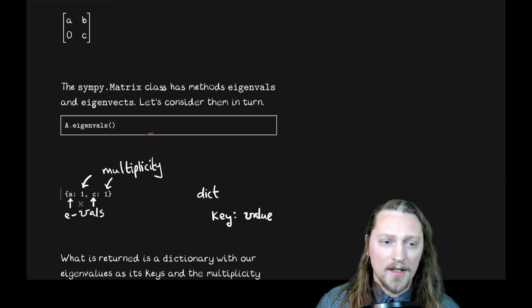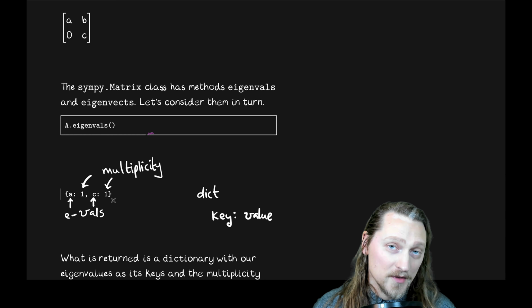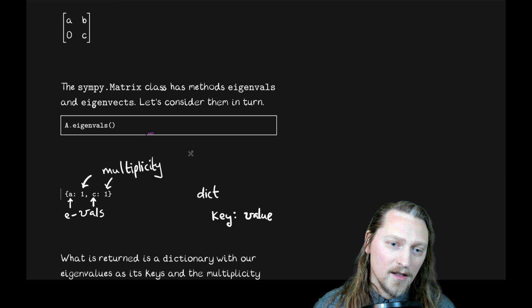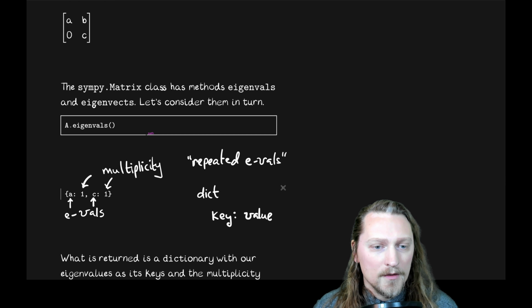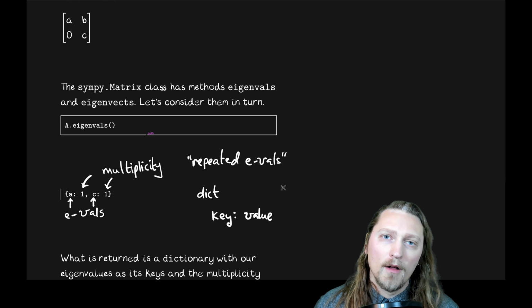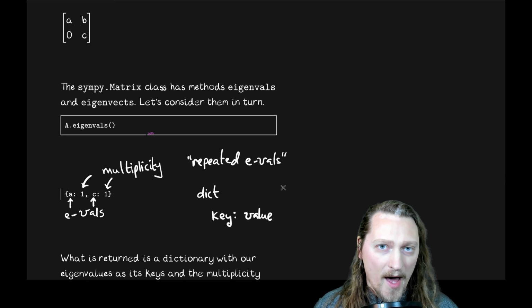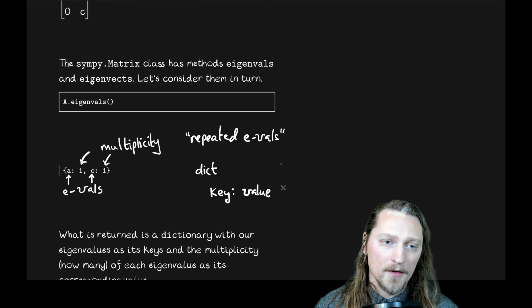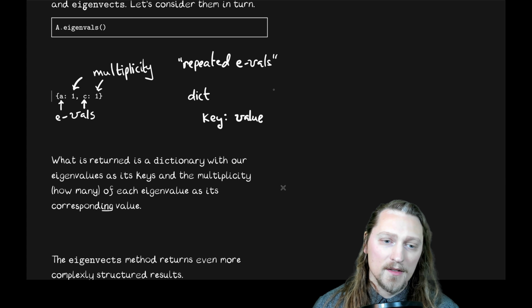In our case, each of these eigenvalues has multiplicity 1 because they only show up once. The term you have probably seen associated with this is repeated eigenvalues. And repeated eigenvalues create all kinds of interesting things mathematically. Their multiplicity in the return value of this eigenvals method tells you what the multiplicity is of each of these eigenvalues.